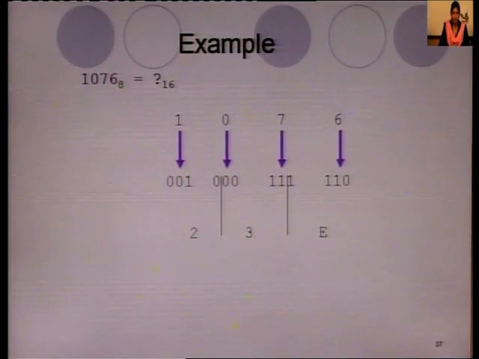So the code for the first group, starting from the rightmost, is E, the code for the second group is 3, and the code for the third group is 2. So the result is, for 1076 having base 8 (octal) value, the equivalent hexadecimal value is 23E, that is base 16.